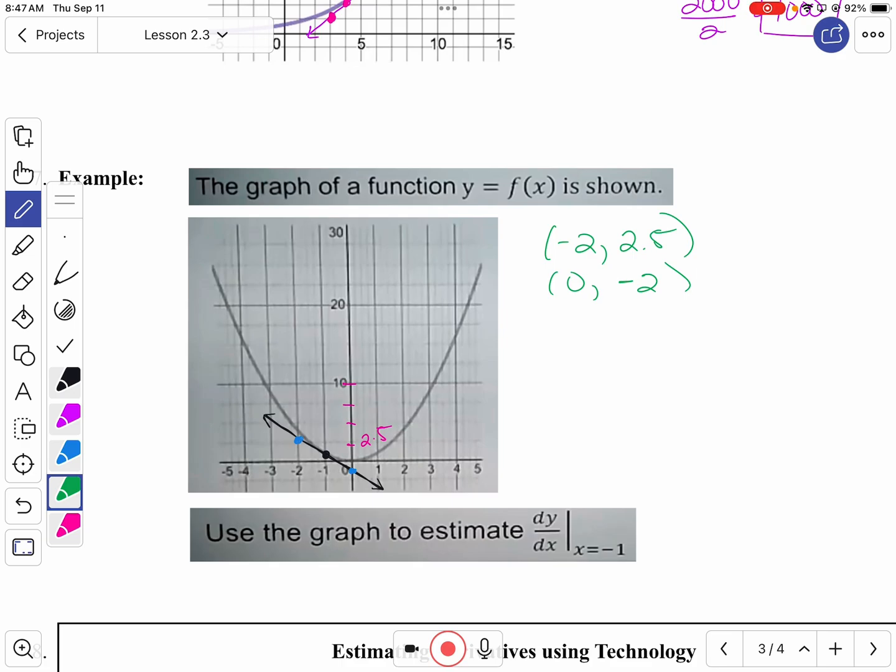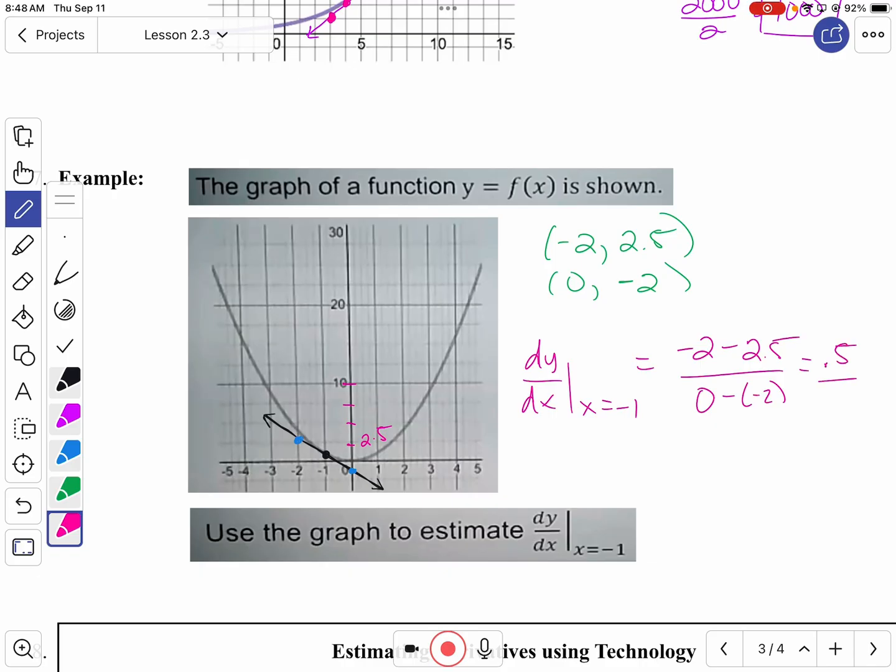And then we would do our slope. So the derivative we would approximate at x equal -1. We're just going around that spot. -2 minus 2.5 over 0 minus -2. That'd be what? 0.5 divided by 2, which would be 1/4.